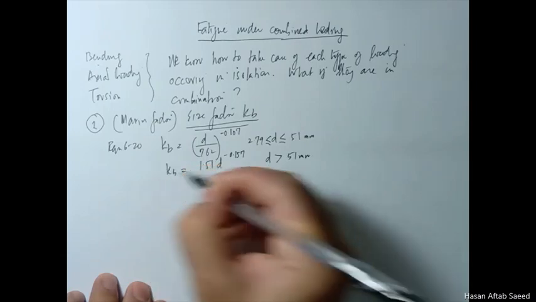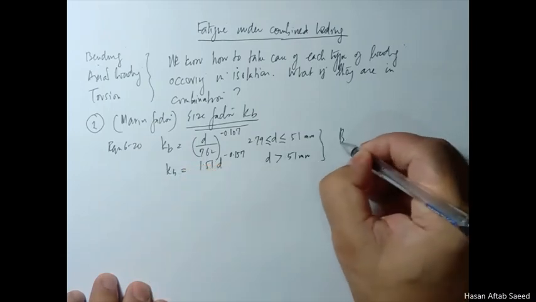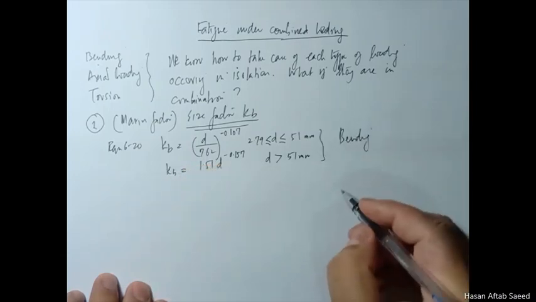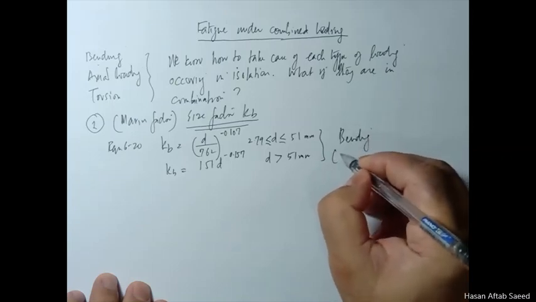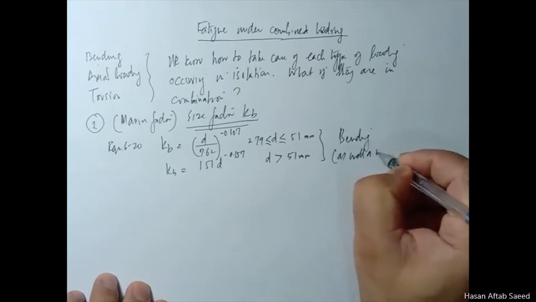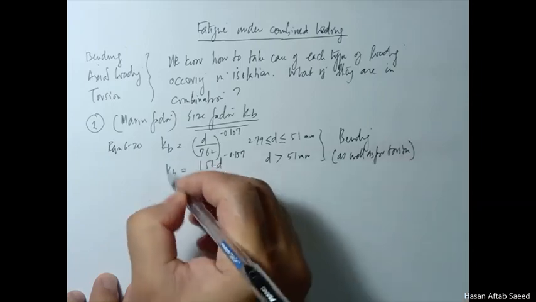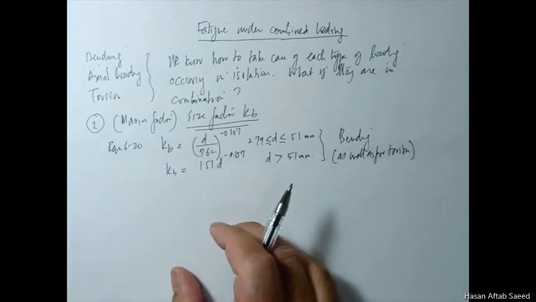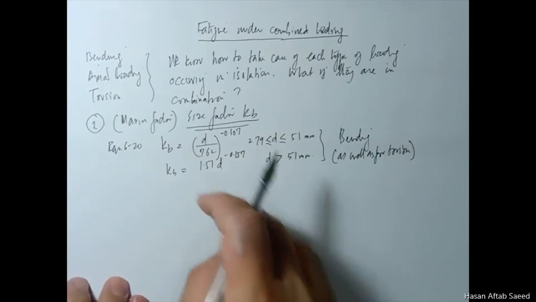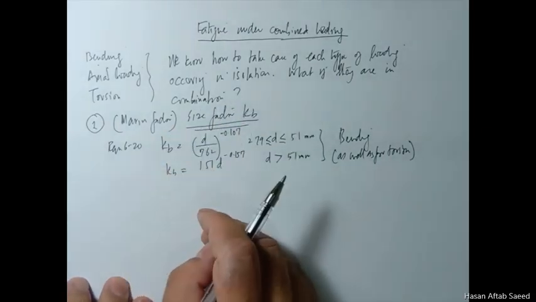Now these values are for bending, and incidentally they are the same for torsional problems as well. The value for KB can be taken from this.